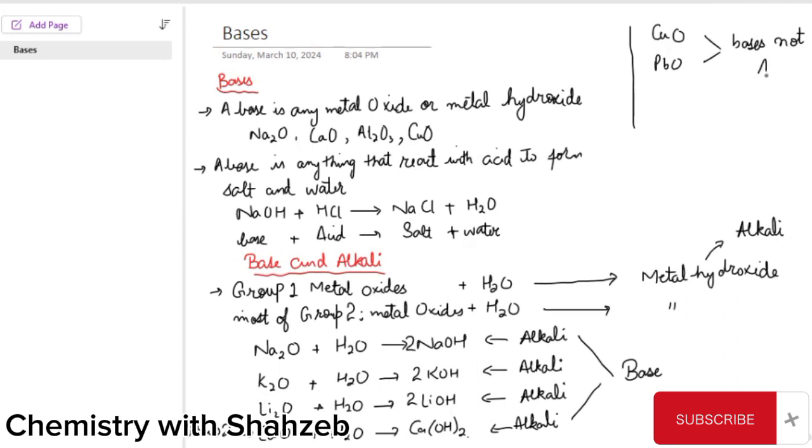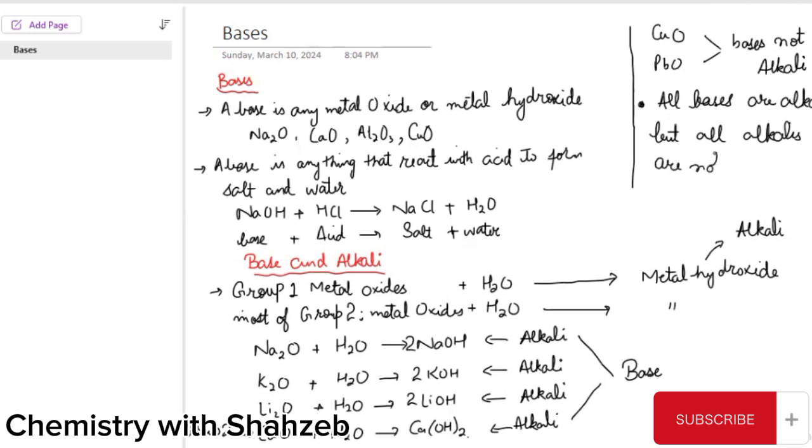We will not call them alkalis because they are not soluble in water. So can we say one important thing here: all alkalis are bases, but all bases are not alkalis.